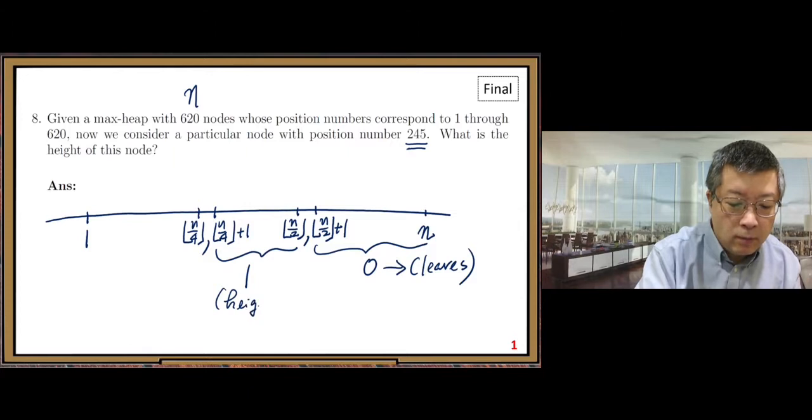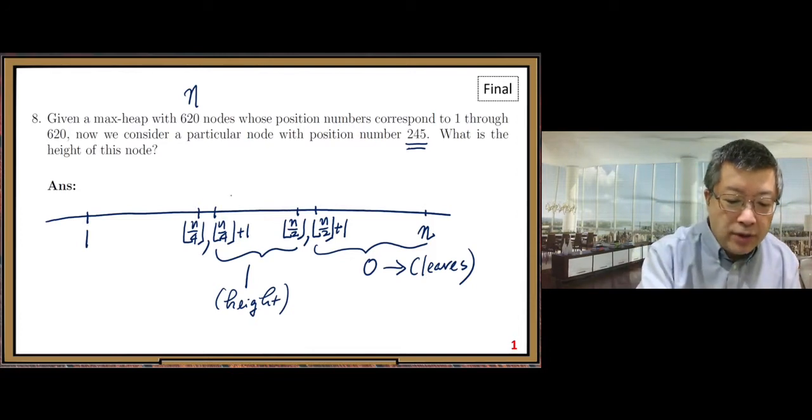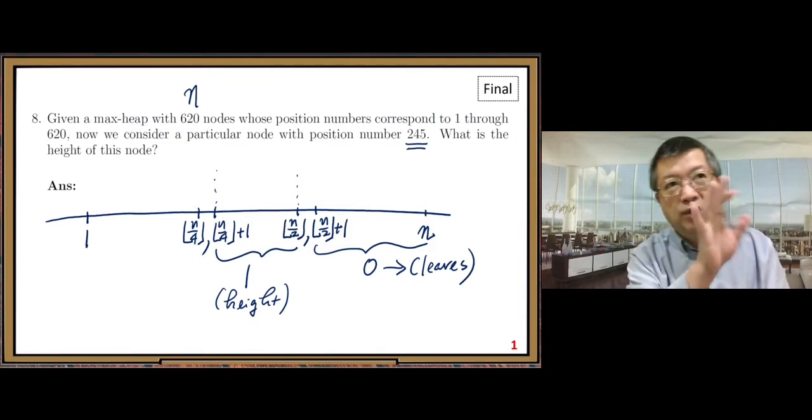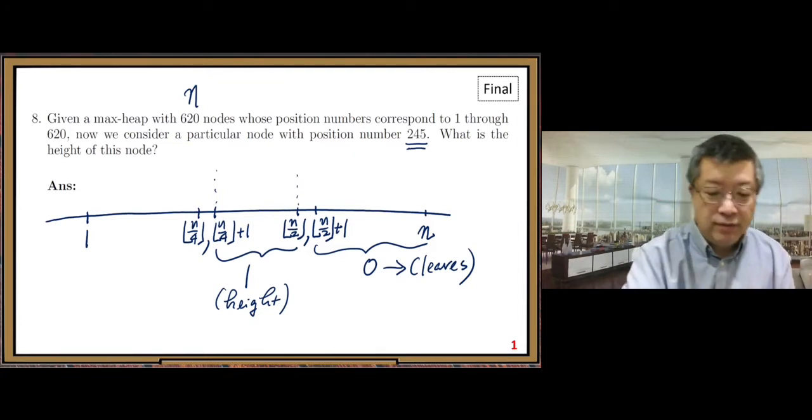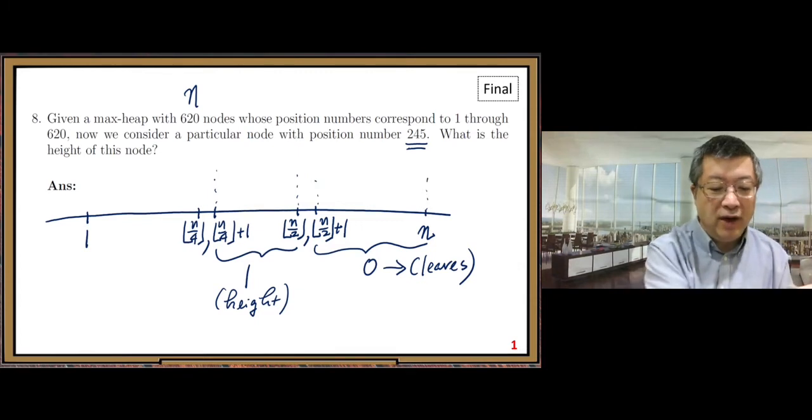Position numbers in this range correspond to height 1 nodes. This range, height 0 nodes, and so on.